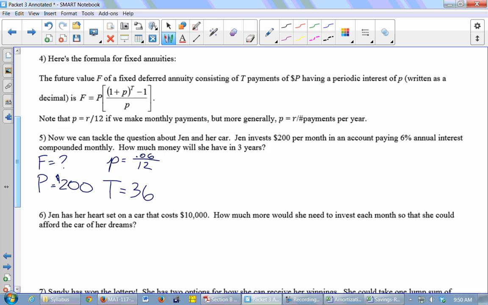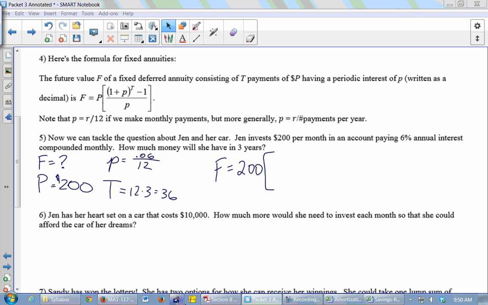Maybe I'll write down how I got that. All right, so does that make sense so far? So all I'm trying to do is take the information from the question and assign each piece of information to one of the variables. All right, so now I'm going to plug into this formula. Future value is what I don't know. So I'm going to have $200 times, all right, 1 plus little p.